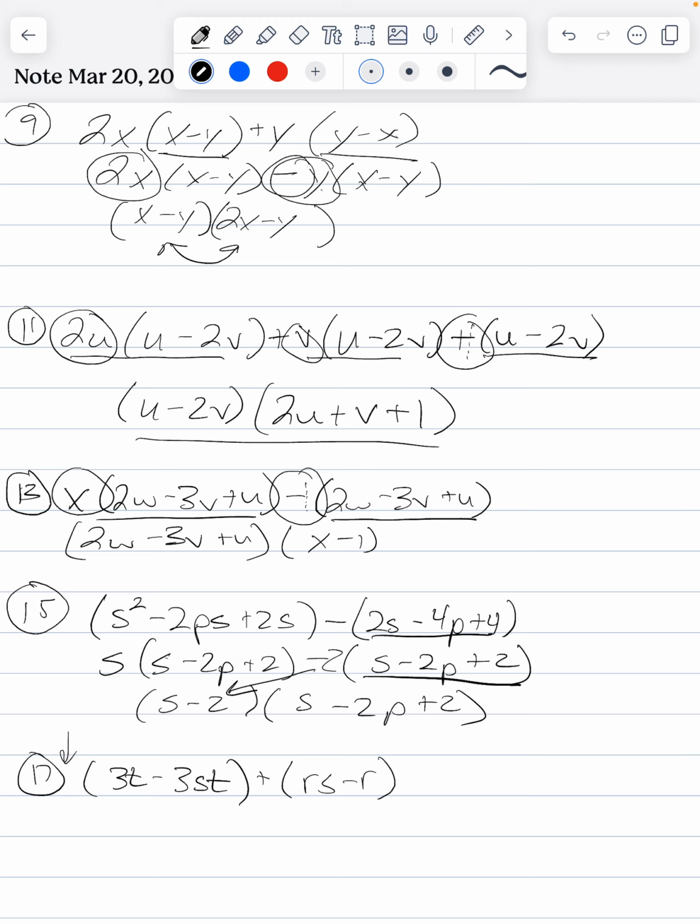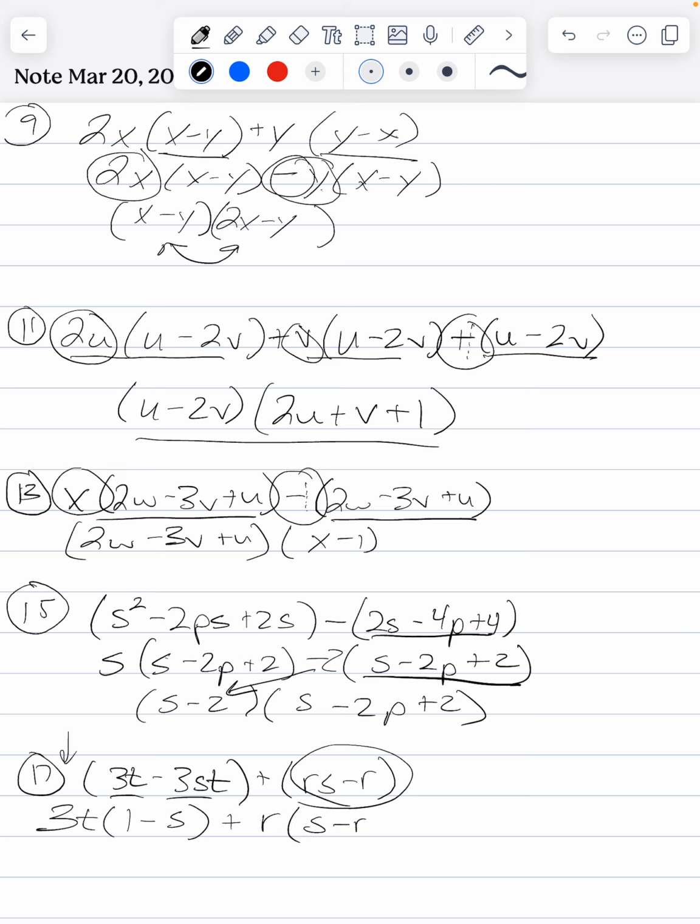So we're going to look at the 3t minus 3st, and we can see that we can divide both of these terms, pardon me, by 3t. So we're going to write 3t here because we divided that, we factored it. That leaves us with 1 minus s. Now let's do something with this one, rs minus r. We see that r is a factor of both of those.